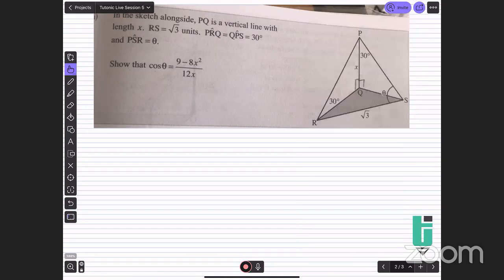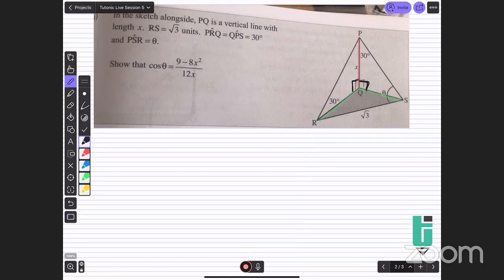So, it says there in the sketch alongside, PQ is a vertical line. Now that's really important. Akhlaq, I can see you pointed that out. So what does that mean? A 90-degree angle. That's important. When I see 90-degree triangles, certain things pop into my head.